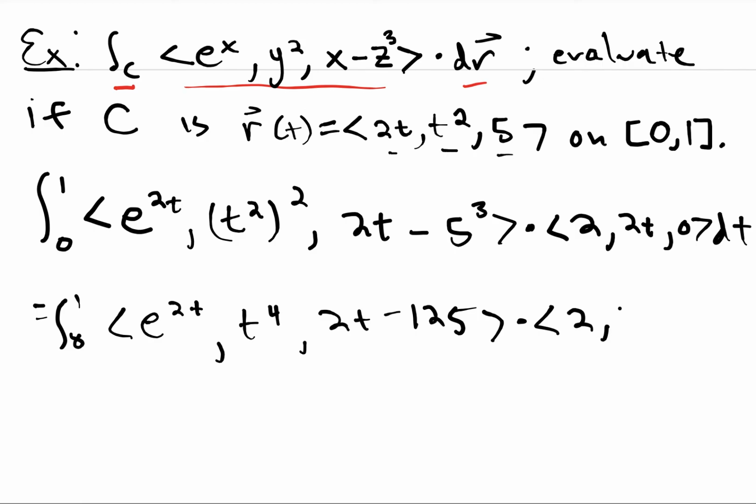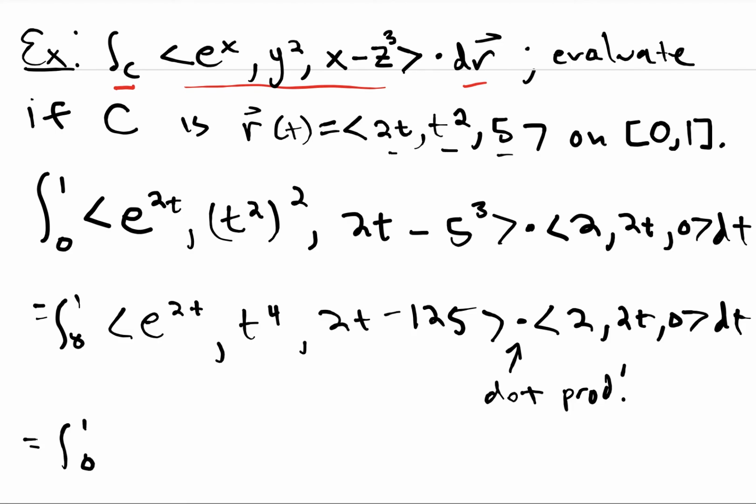But before you actually antiderive or evaluate this thing, again, you have to reconcile your dot product. Actually take that dot product to simplify, okay? So if I take that dot product, my first pair of components gives me a 2e to the 2t. My second pair of components gives me a 2t to the 5th. And then my last pair of components, I get a 0 on the end.